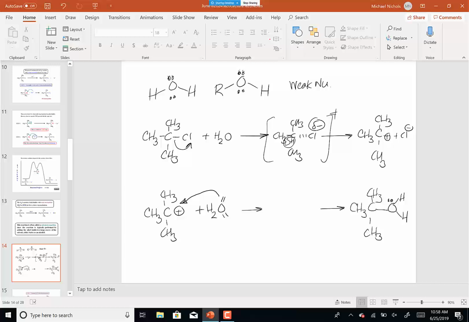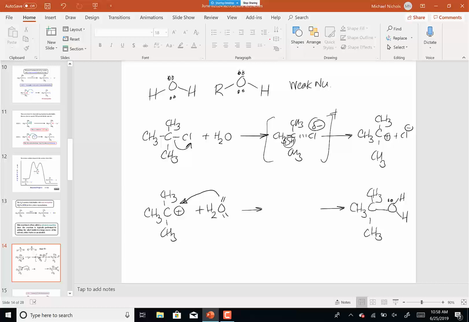Now when I do this reaction, the charge total on the left must equal the charge total on the right. So on the left-hand side, what's my overall charge? +1. Okay. The carbon has 4, but it's missing an owned electron.